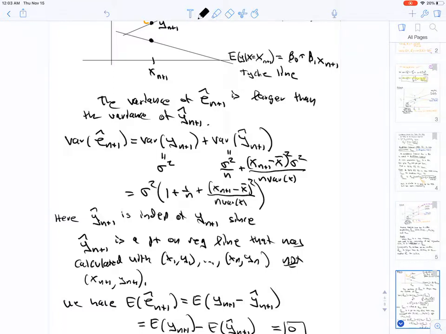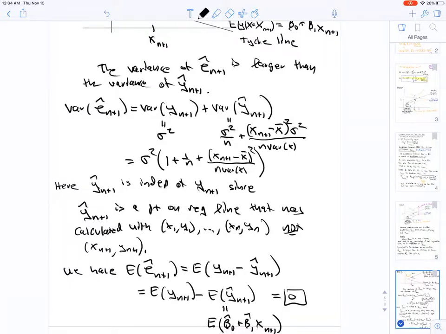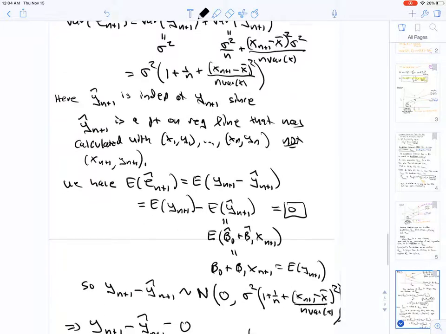Oh, I'm sorry, so y n plus 1 hat is not dependent on x n plus 1. Anyway, these are independent, and so the variance distributes across the sum, and we get the equation that we need here.